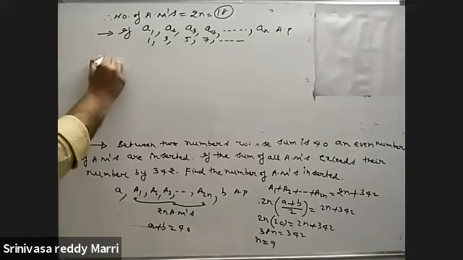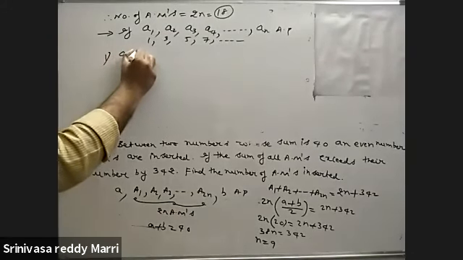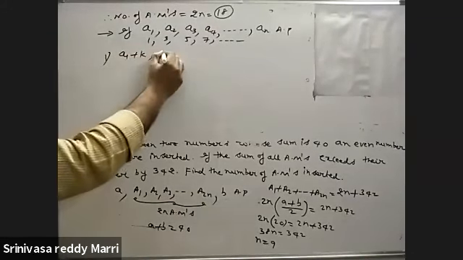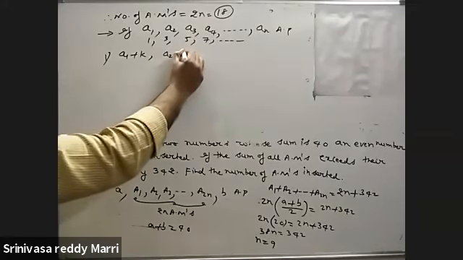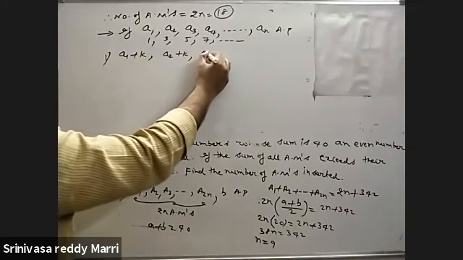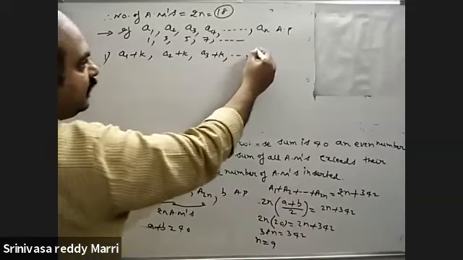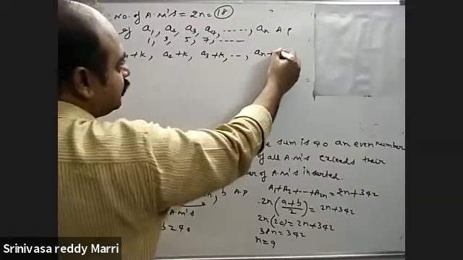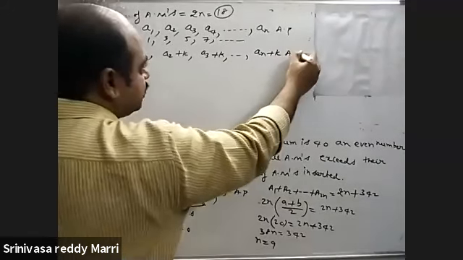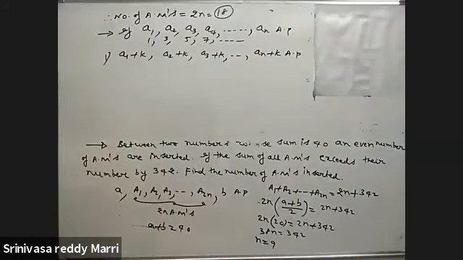Number 1. The first property is A1 plus K, A2 plus K, A3 plus K, and so on, AN plus K. These numbers will also form an AP.